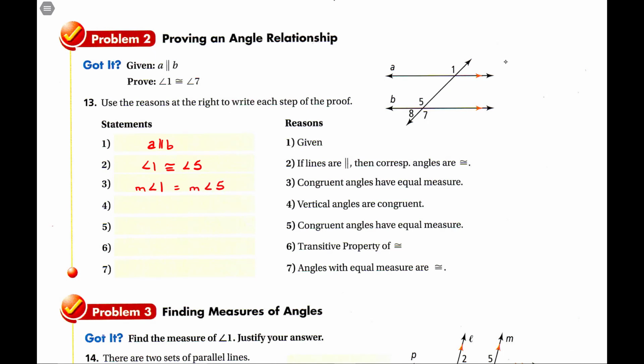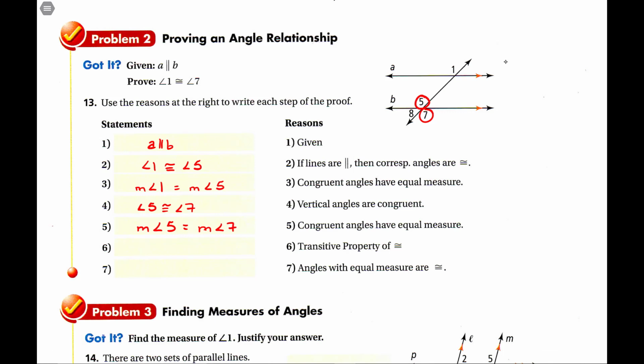Number 4, vertical angles are congruent. Angle 5 is vertical to angle 7. So now we have that angle 5 is congruent to angle 7. Congruent angles have equal measure, so now we again can take our previous statement and just convert it to angle measures. So the measure of angle 5 is equal to the measure of angle 7.